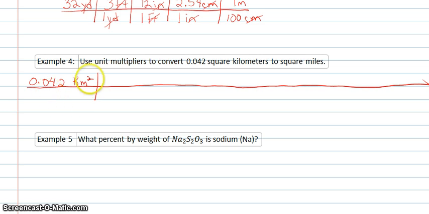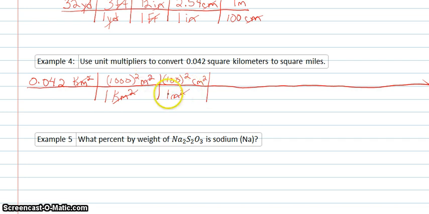First I'm going to go from kilometers to meters. In 1 kilometer squared, there's 1,000 squared meters squared. Now we can cancel our kilometers squared. And then in 1 meter squared, there's 100 squared centimeters squared.